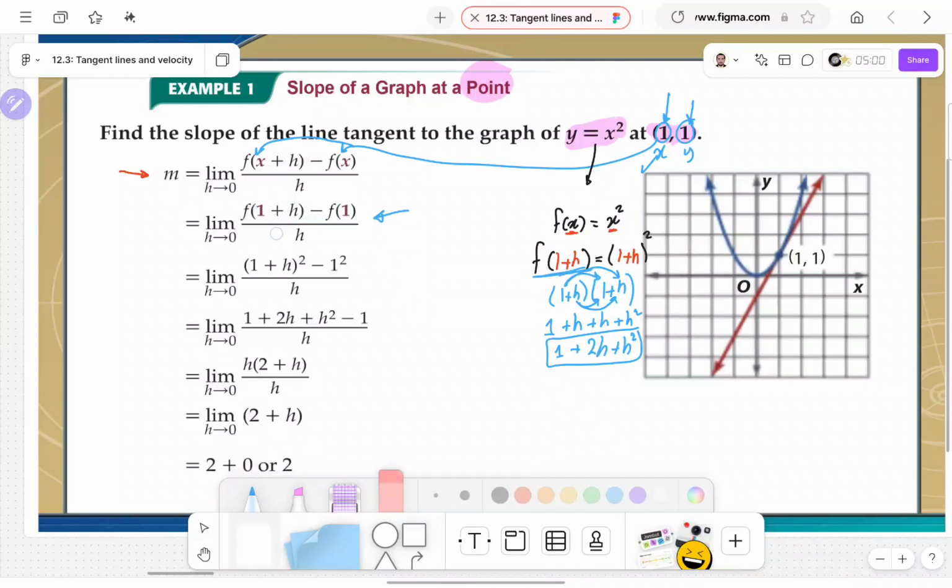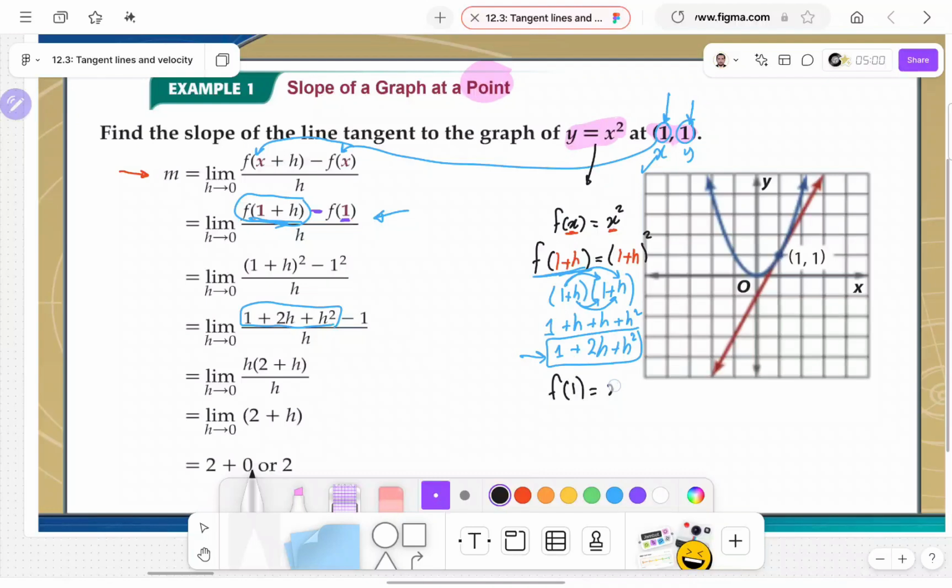What I'm going to do now is replace the first term with what I found here. Now I need to write minus f of 1, according to the formula. Let's find f of 1.